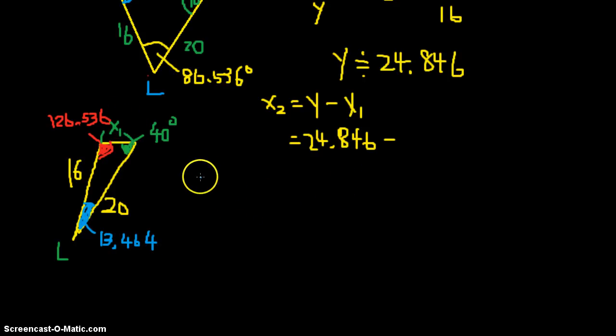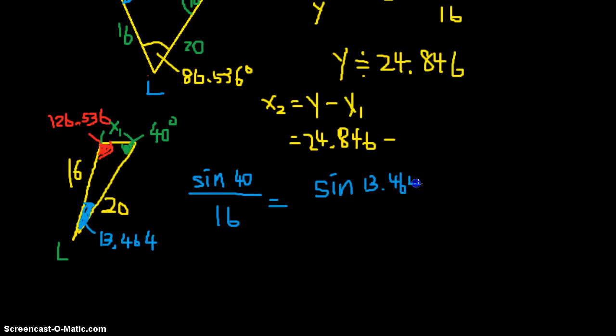So just apply sine rule again, making sure you use the information that's going to help us with accuracy. So I'm going to use the 40 and the 16, sine of 40 over 16 is equal to sine of the 13.464 divided by x1.